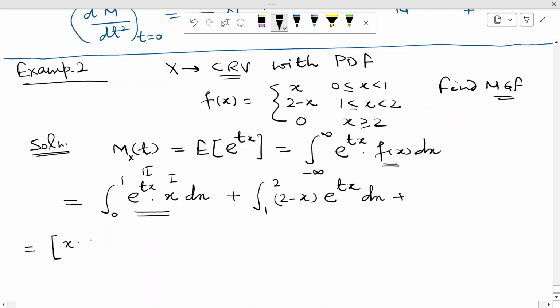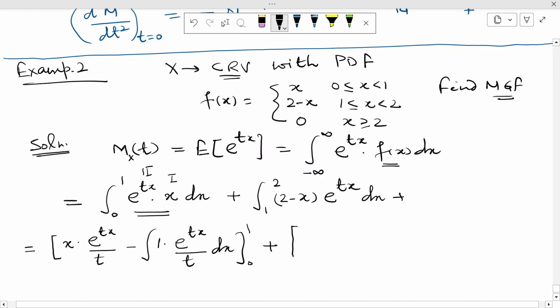Now this should be multiplied by the integral of the second, so that will be e to the power tx over t, minus the whole integration, and what we are having inside this integration: here we are having the derivative of x with respect to x, so this is 1, and the integral of e to the power tx with respect to x, so this will be e to the power tx over t, and yet we have to perform the integral with respect to x.